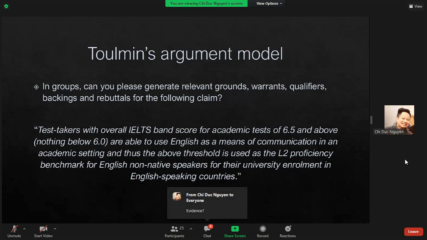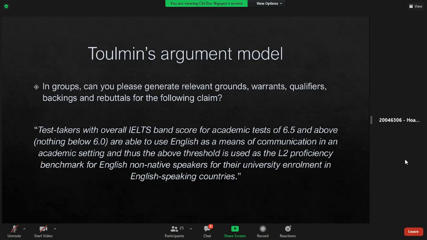Yes, I think that for the test taker with an overall IELTS band score for the academic test of 6.5 or above, from 6.5 they are considered a competent user.